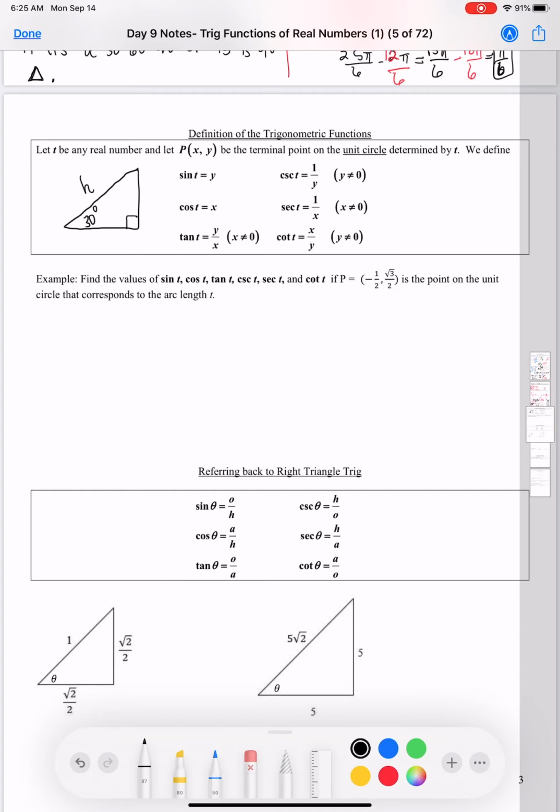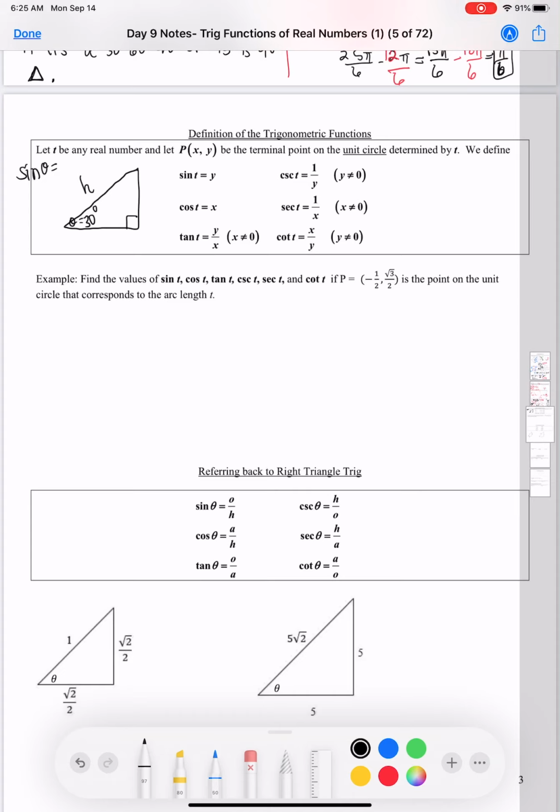So for instance, a little recap of something that we've already done: let's just say we have sine of the angle, so that 30 degrees. Sine is opposite over hypotenuse, think SOHCAHTOA.